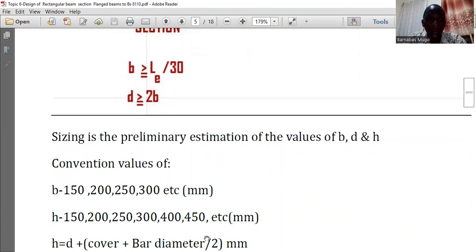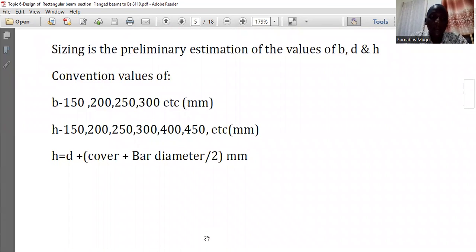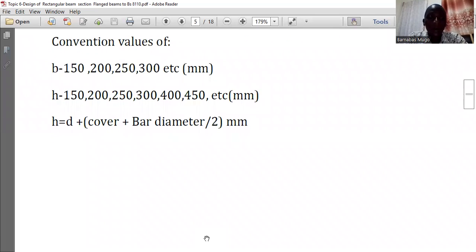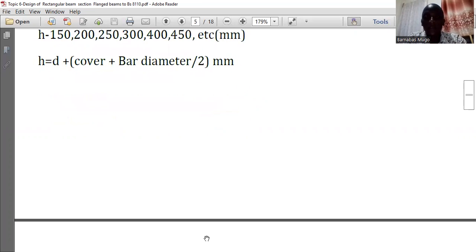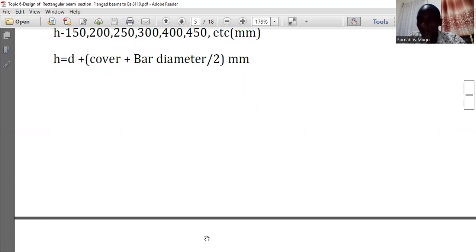I have also said that B, H and D should be a multiple of 50 because they are the conventional values, and they will always go 150, 200, 250, 300 like that, but 150 is the starting point. Then when you have H, you can calculate the value of D. If you have the cover, then the bar you divide by 2, that is the reinforcement bar, you divide by 2. Then you add something that is called tolerance, which in most cases is 2.5.